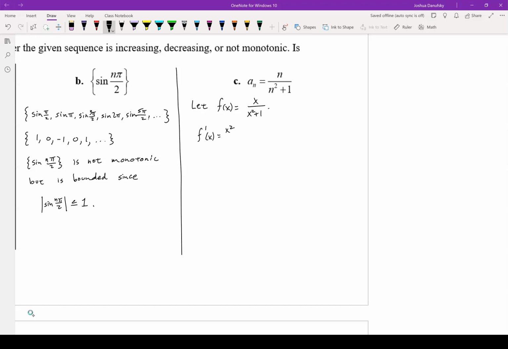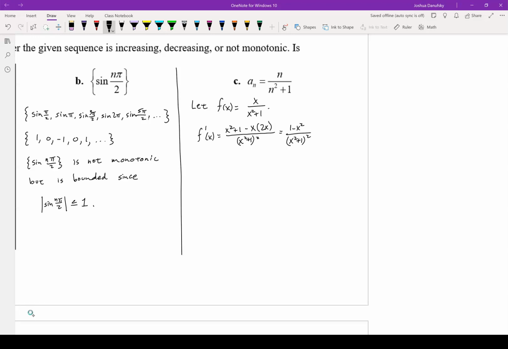Using the quotient rule, we have x squared plus 1, the bottom, times the derivative of the top, which is 1, minus the top times the derivative of the bottom, which is 2x, all over the bottom squared. And this simplifies to 1 minus x squared over x squared plus 1 squared.